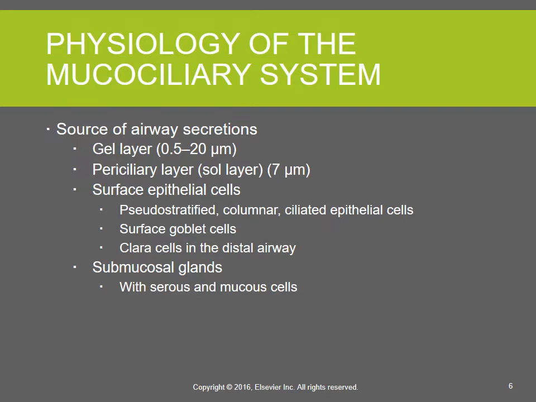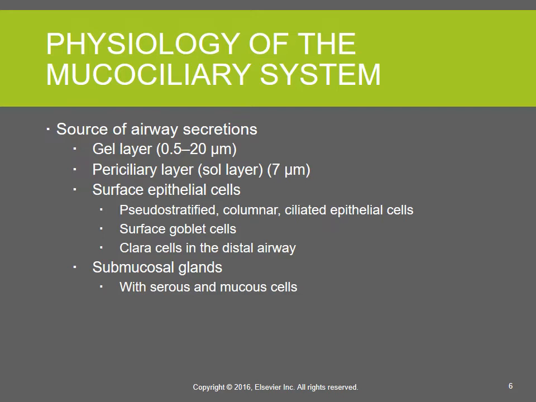There are also submucosal glands with serous and mucous cells. Submucosal glands are found in the cartilaginous airways. These mucus-producing glands are not found beyond the distal airways.